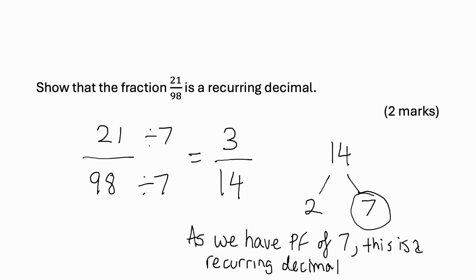And just to prove my point, if we put 3 over 14 in our calculators and we turn it into a decimal, yep, we do get a recurring decimal. So we are correct.